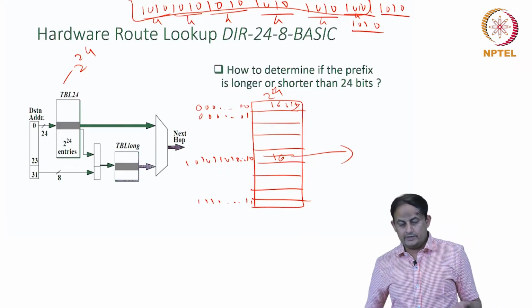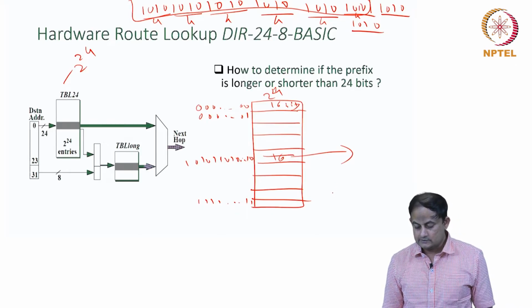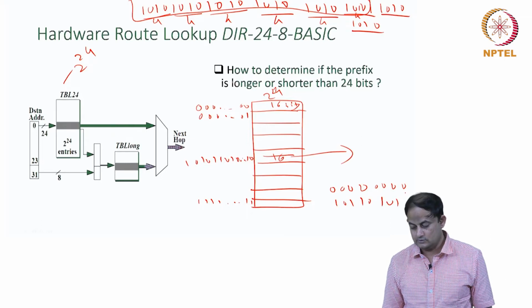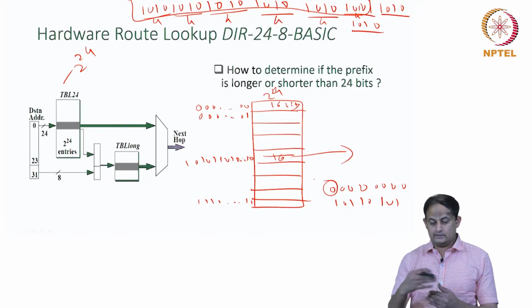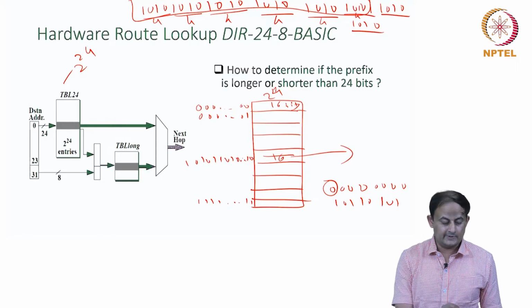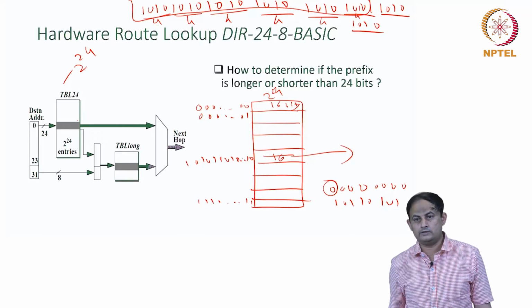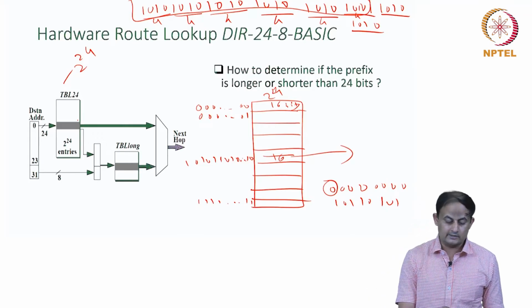So how do I determine whether the second level reference is required or not? By looking at the entry, which is 16 bits. Let us say the 16 bits are something like this. If the first bit of the 16 bits is 0, it represents a prefix which is less than 24 bits, and I do not require the second level reference.